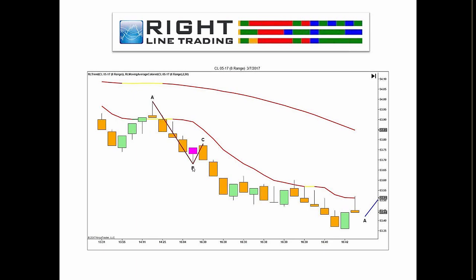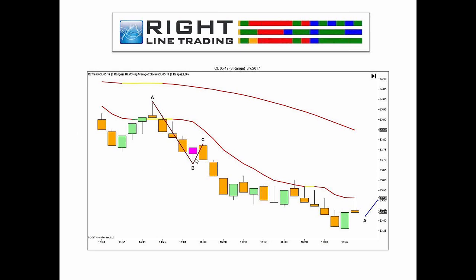And then it's going to print a B on the first counter trend candle. Now, I elect to color that counter trend candle magenta. And when the B gives me this counter trend candle, I get an audible alert. And that tells me I have the potential for an engulfing C to the downside. So I get a blinking C here.